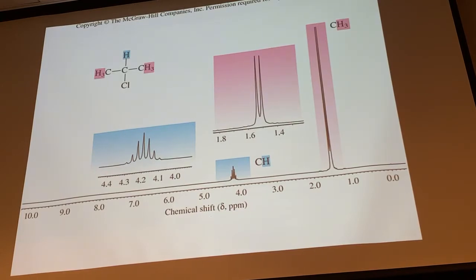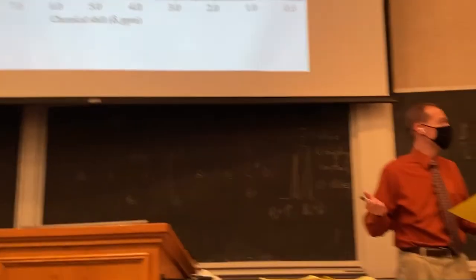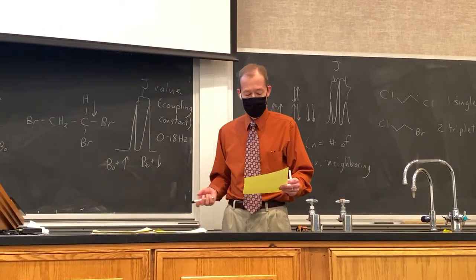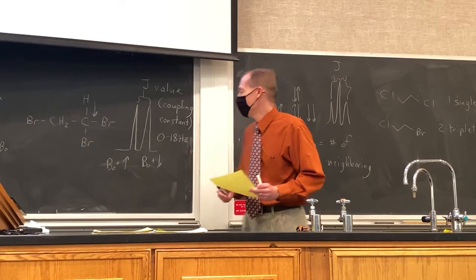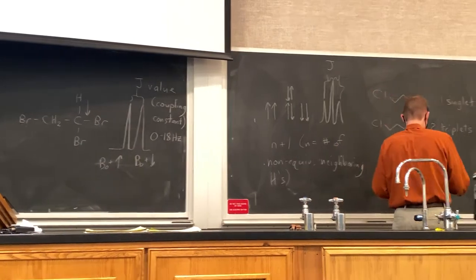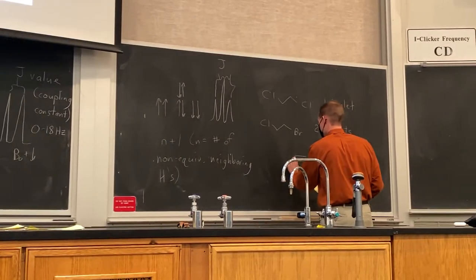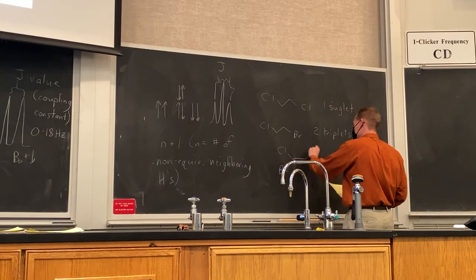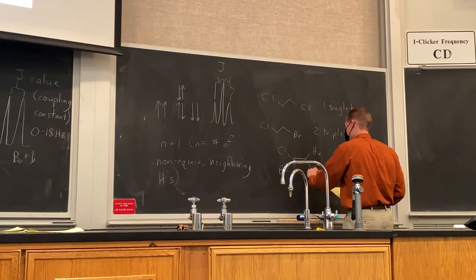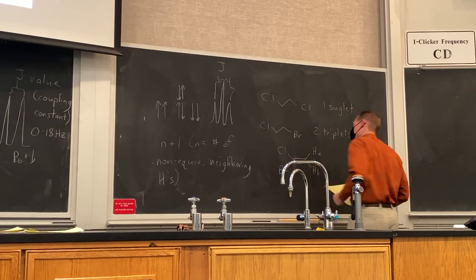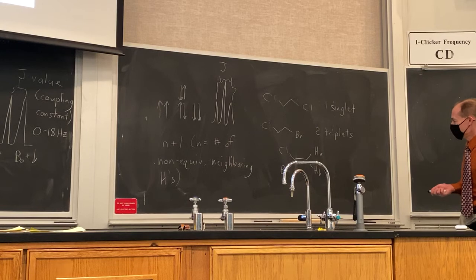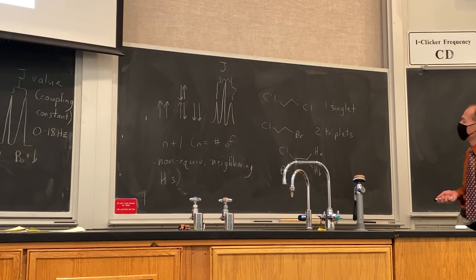So far we've looked at hydrogens on adjacent carbons that are splitting each other. But non-adjacent hydrogens on the same carbon can also split each other, okay? So let's take a look at this molecule. HA and HB are non-equivalent to each other.